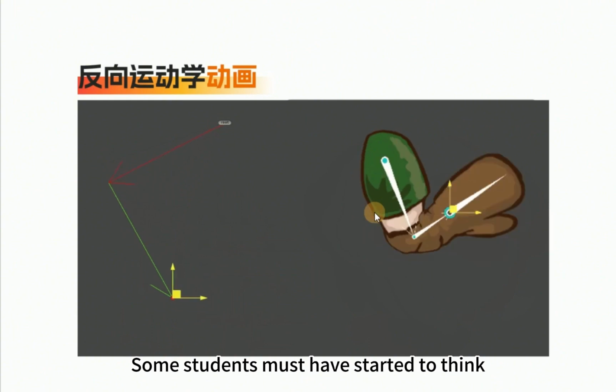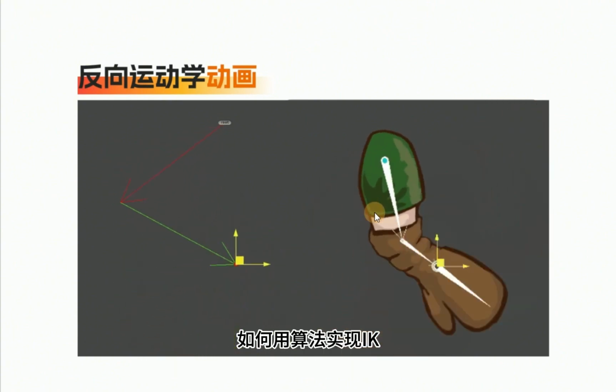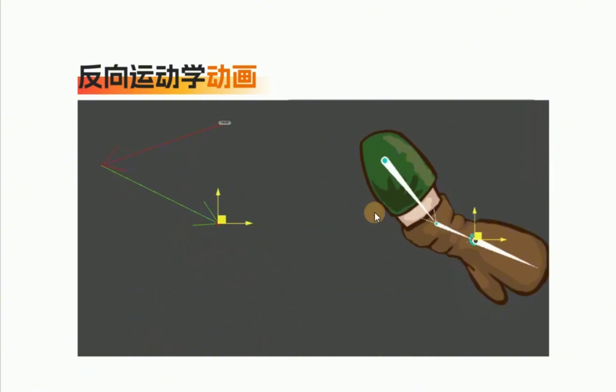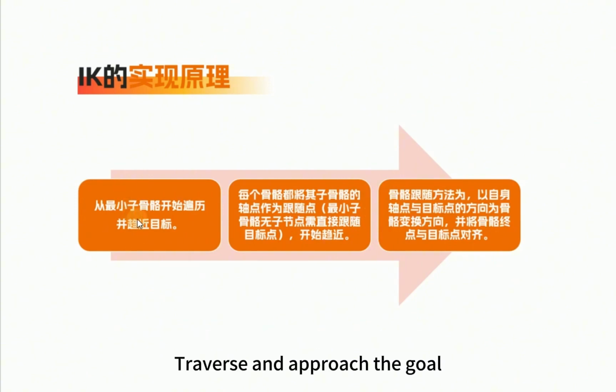Some students must have started to think about how to implement IK with algorithms. Let's look at the strategic thinking. First step: start with the smallest child skeleton, traverse and approach the goal.